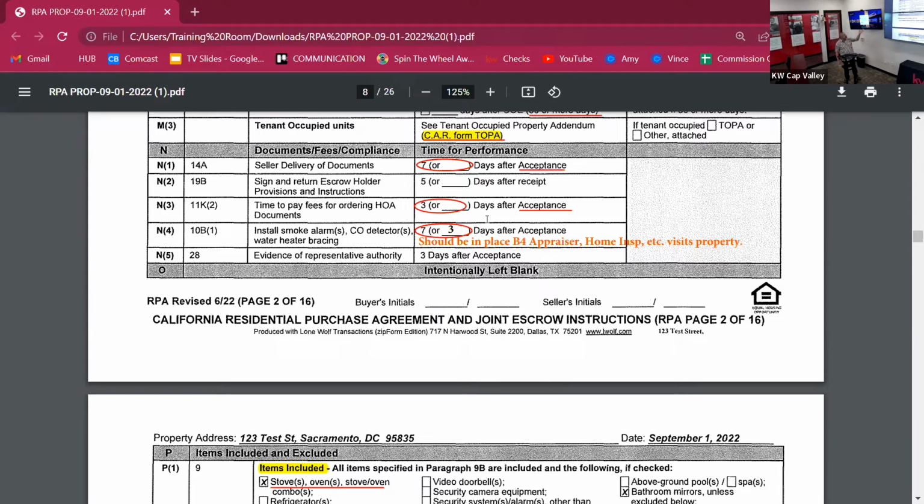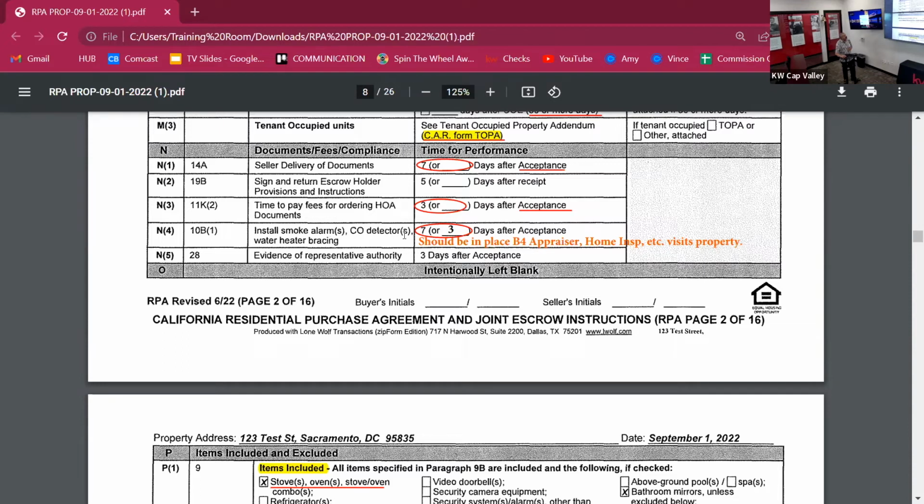Now, this says that they still have 3 days after contract acceptance to pay the fees in order. I would submit to you that depending on your inspection period, that may not be enough time to get them and the buyer to look at it. So I try to do that way ahead of time.